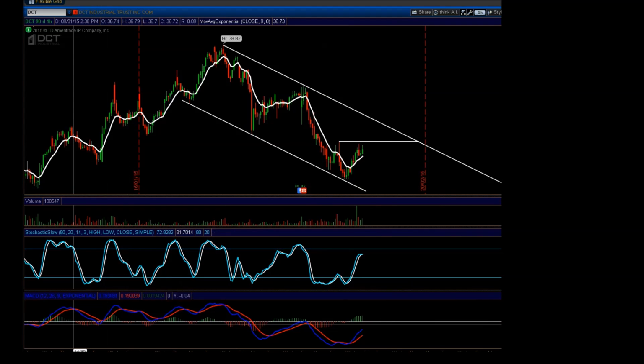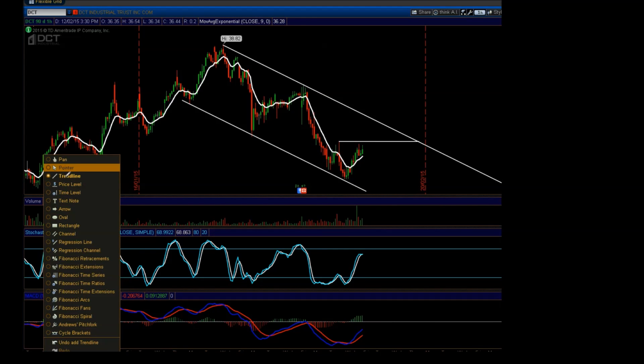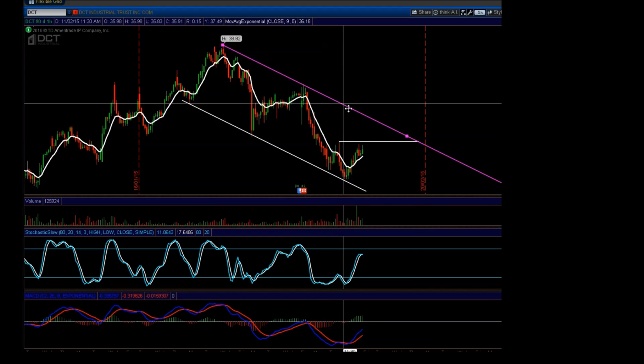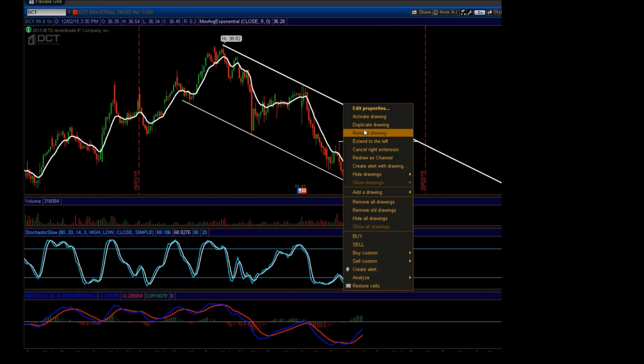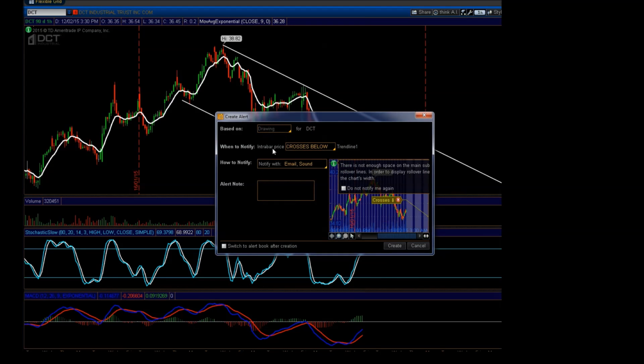But then what you do is you select a pointer, right click on this, and I'm going to set an alert. The setting that you want to use is create alert with drawing. So I want to say if the price crosses above it, then it's going to notify me, and I'm going to put a note in there.